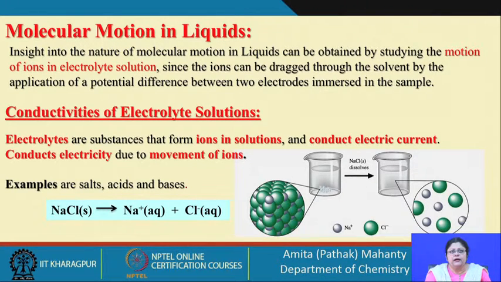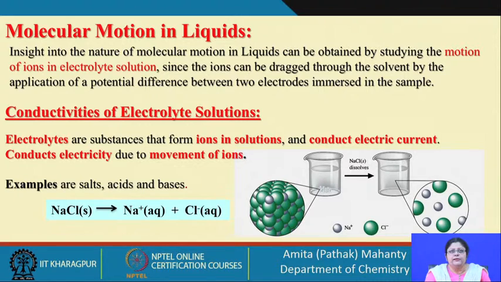Electrolytes are substances which, when dissolved in a medium or a solvent, ionize to give the respective ions. So, the motion of the ions in this electrolyte solution is what we are going to focus on, and the important information we have, particularly of these ions.